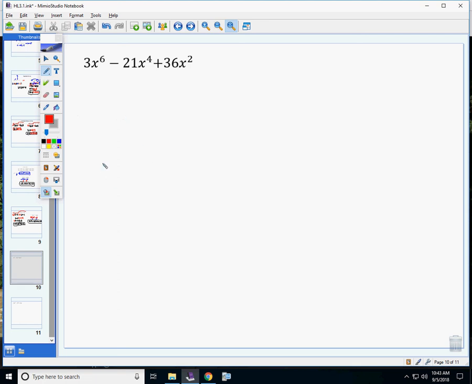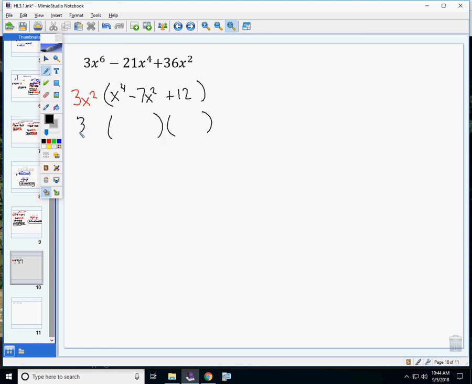Look for greatest common factor. They're all divisible by 3 and they all have an x squared. So that means this is x to the 4th minus 7x squared plus 12. Now from here you should be able to see 3 plus 4 is 7, 3 times 4 is 12.